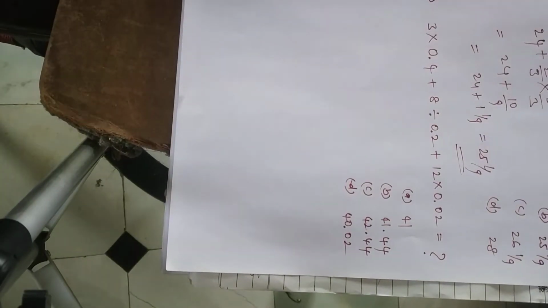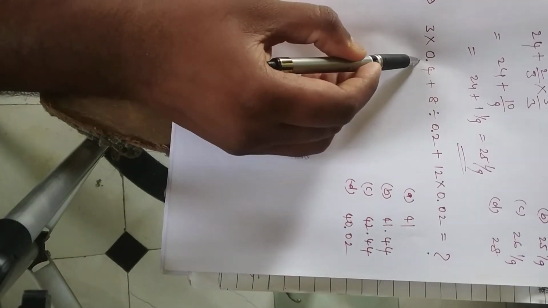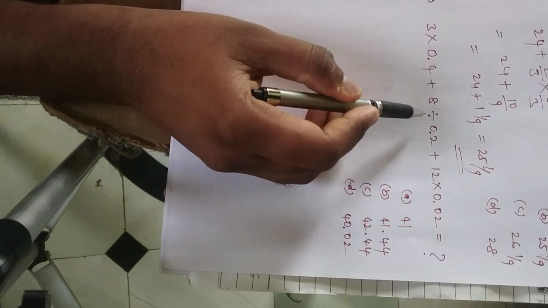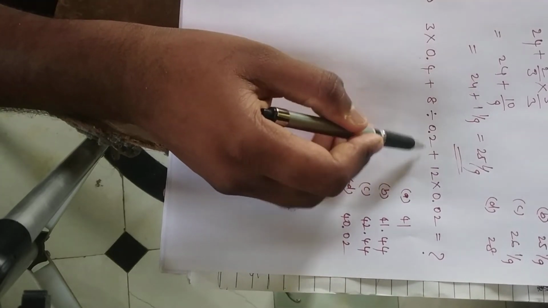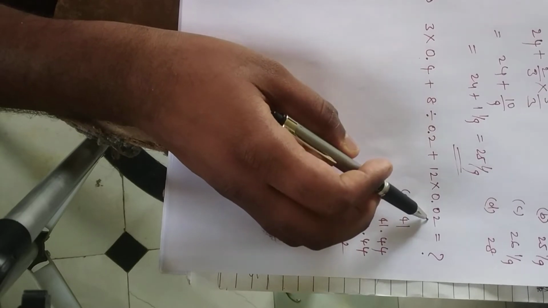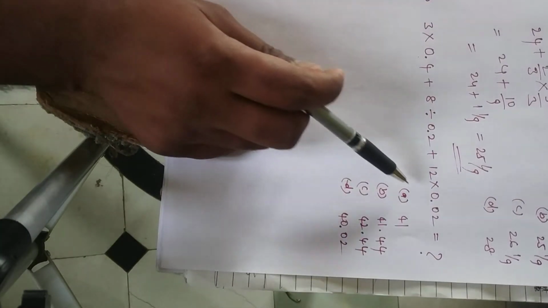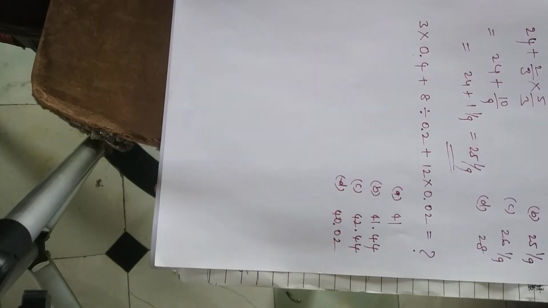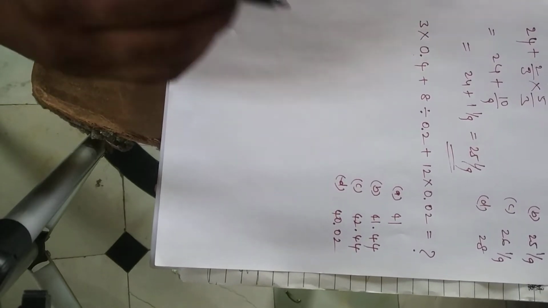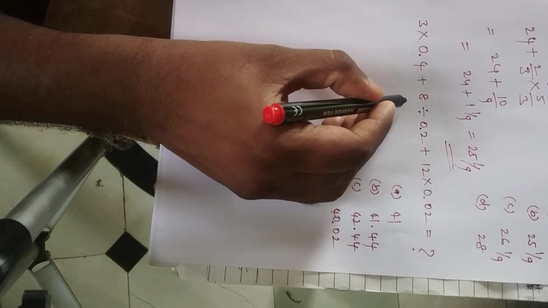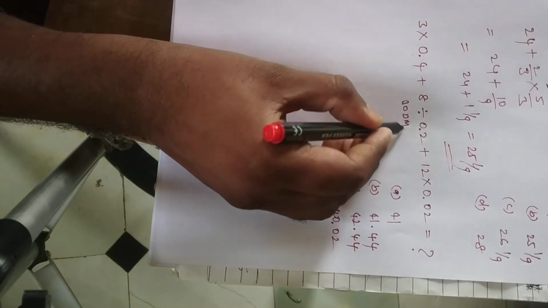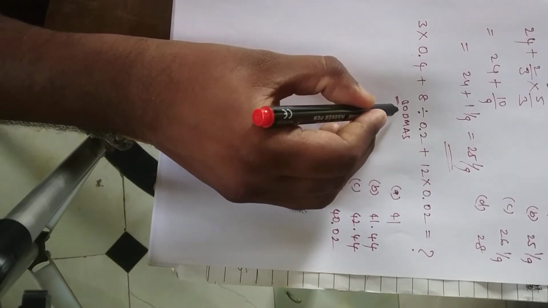Next question. 3 into 0.4 plus 8 divided by 0.2 plus 12 into 0.02 is equal to how much? Option A, option B, option C, option D. Now, let's start. First preference should be given to brackets. According to BODMAS, no brackets in the question. Next, of.